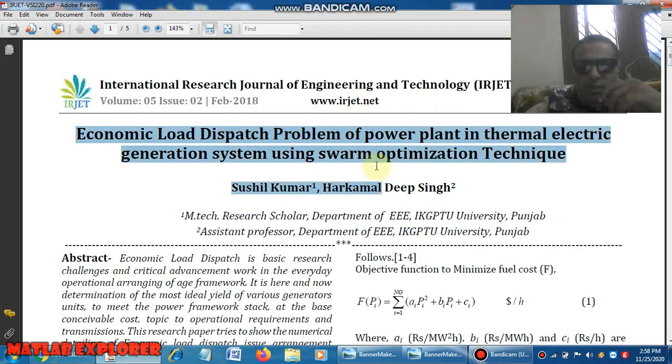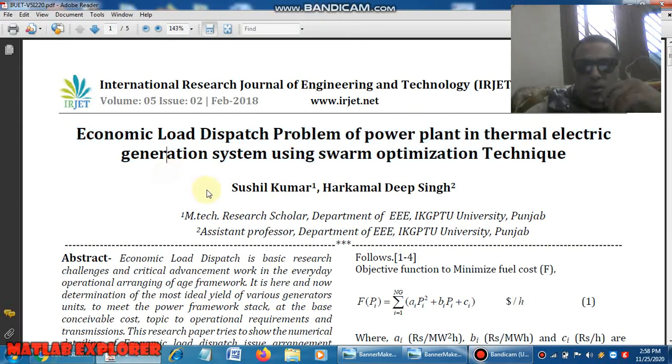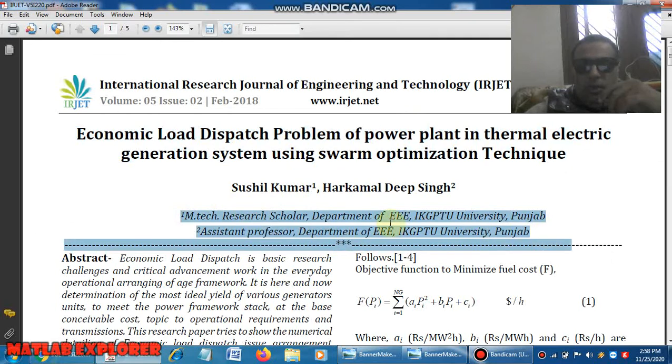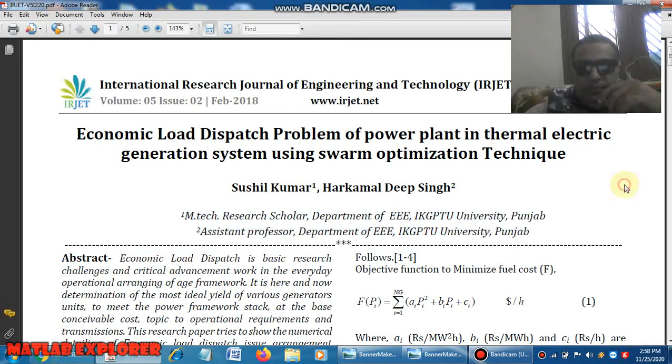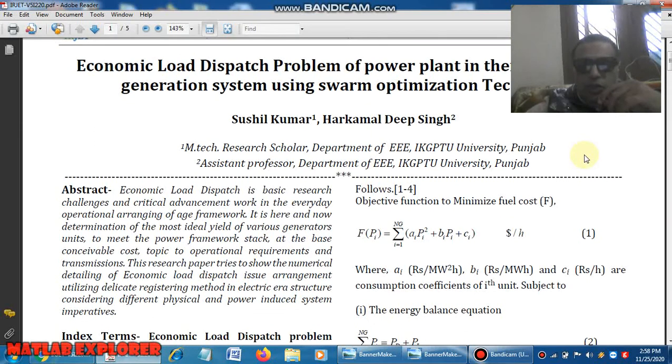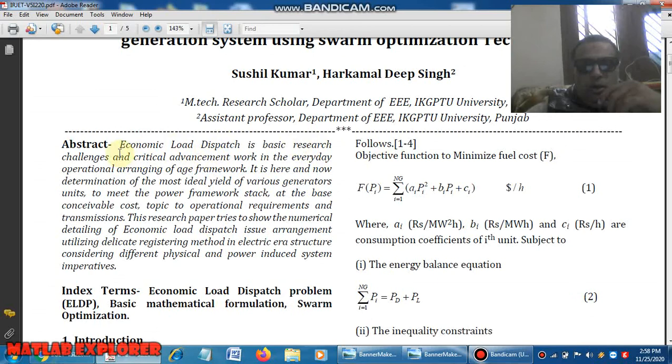Here you can see this is the title of the paper, the authors' names, and the department, college, and university name. So this is the title section, which includes the title of the paper, the names, department, and affiliation, and this is the abstract.